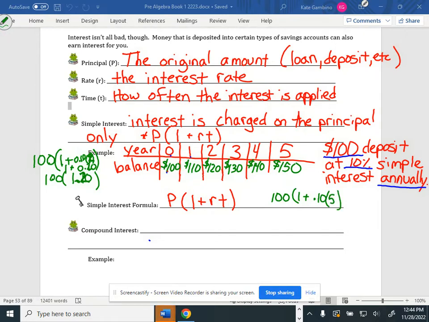Am I going to get 150? Well, let's work it out. That 0.1 times 5 gives me 0.5. So 1.5 times 100. 100 times 1.5 gives me 150. So with that simple interest, I can follow the pattern if I'm having to fill in a chart.